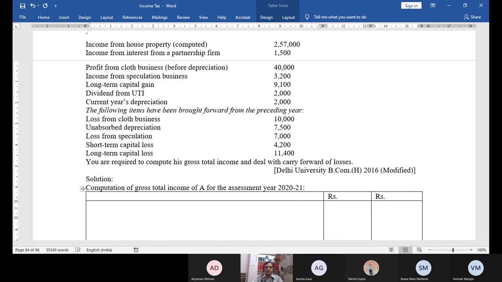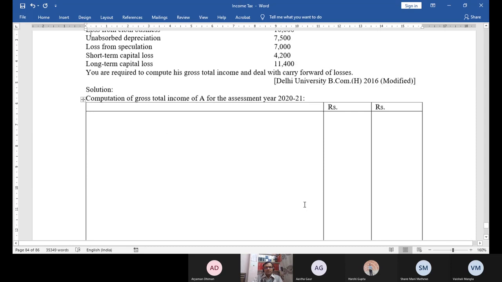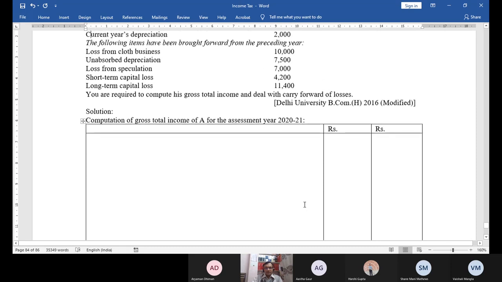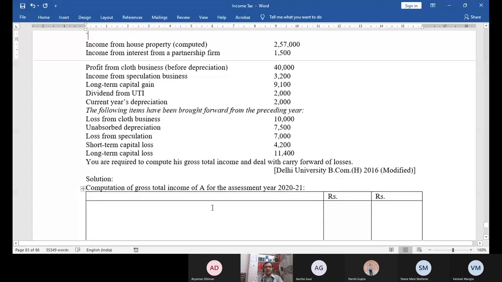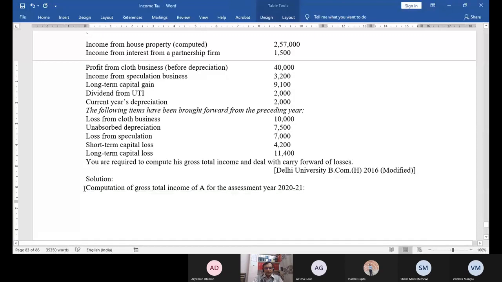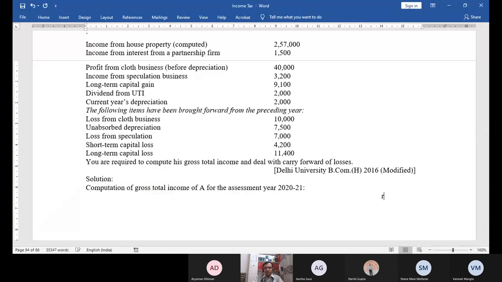Let me not make the full table, it will become a little typical. Just say that there are three columns: final column, last column, and then particulars.